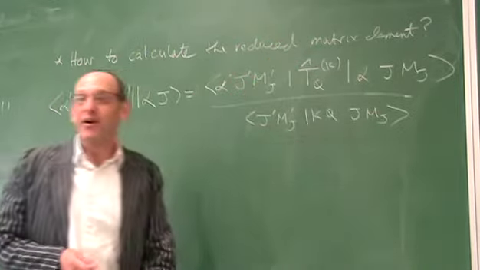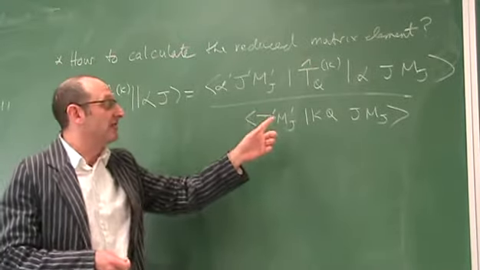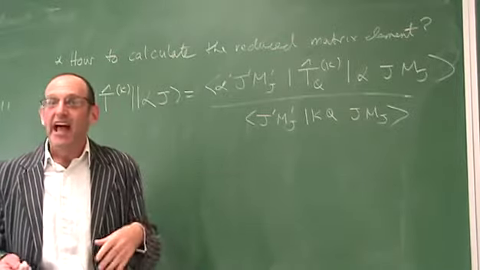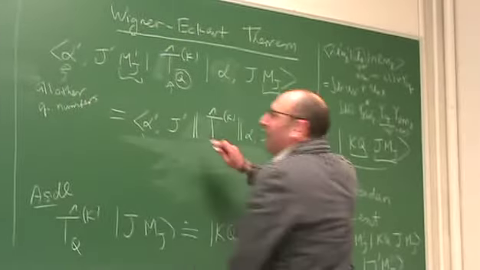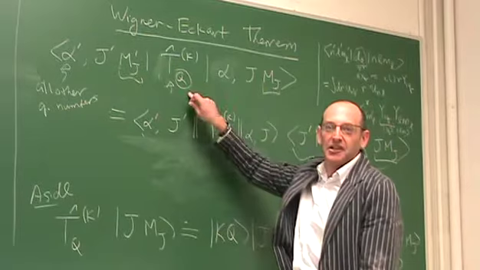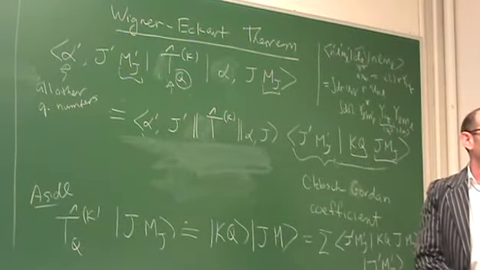Divide by the Clebsch-Gordan coefficient associated with that particular choice of m, m prime, and q. And then you have it. And then the matrix element for all other possible values of m, m prime, and q are just tacked on by the Clebsch-Gordan coefficient.